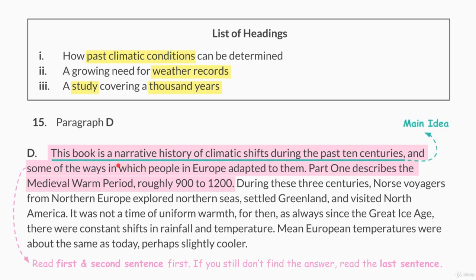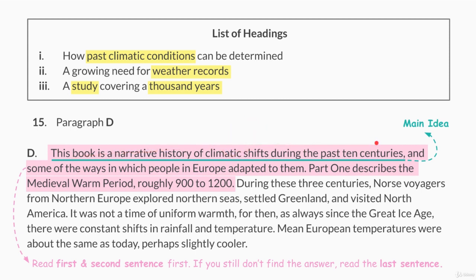This paragraph is going to talk about this portion over here. This is really the summary of our main idea. This is the gist. It's talking about how this book is a narrative history of climatic shifts during the past 10 centuries. That is the controlling idea. That is what this whole paragraph is going to talk about. It's going to give more details regarding this main idea.